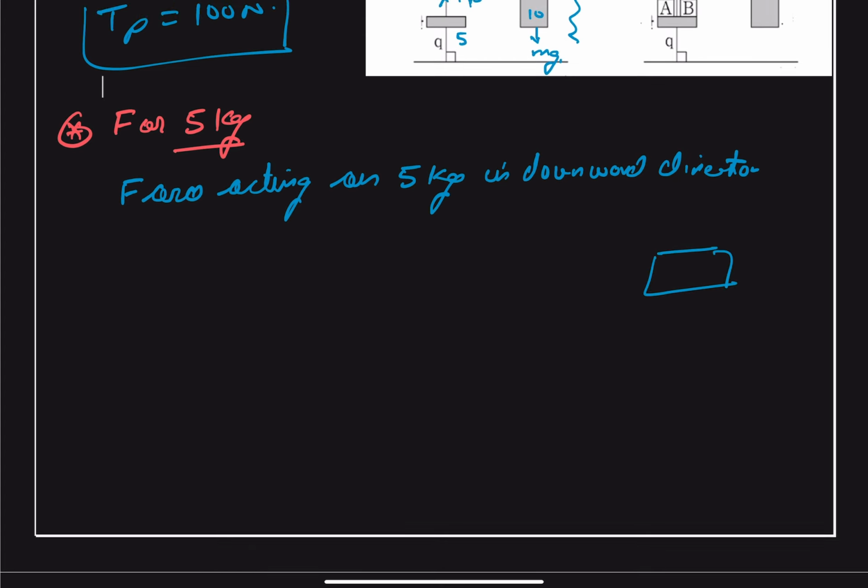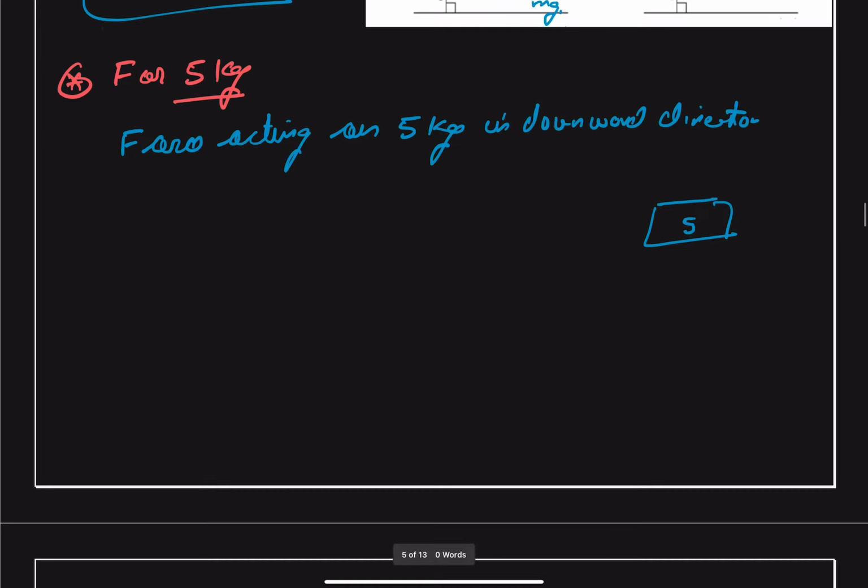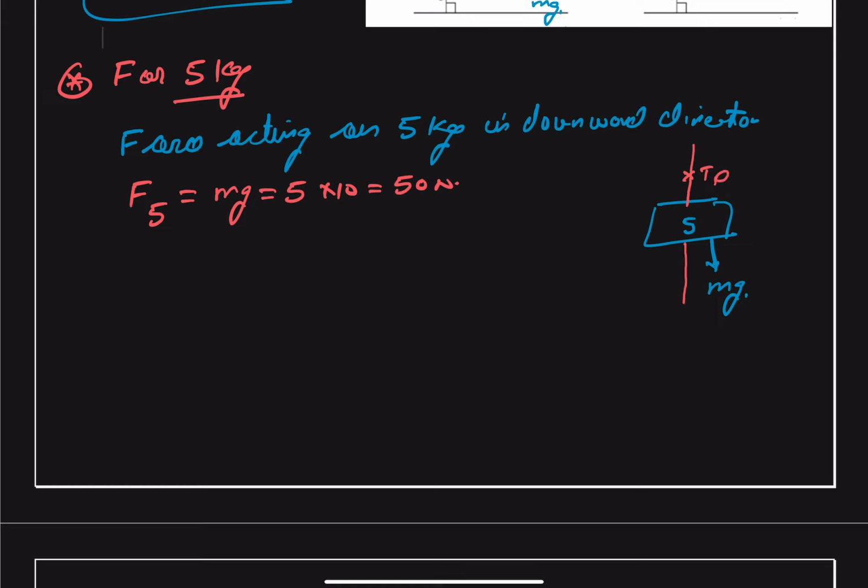In the downward direction we have mg. Let me write that force as F5. So F5 is equal to m multiplied by g, here 5 multiplied by 10, so this gives us 50 Newton. And in the upward direction we have tension Tp, and this is also connected with the Q string, so there will also be a tension because of the Q string. Let us call that tension Tq.